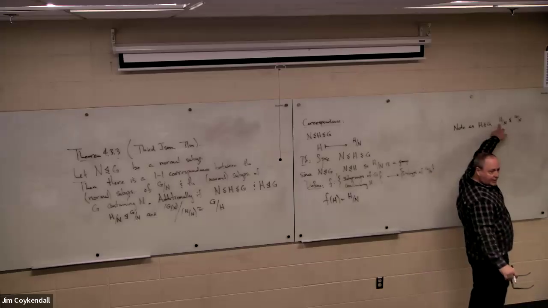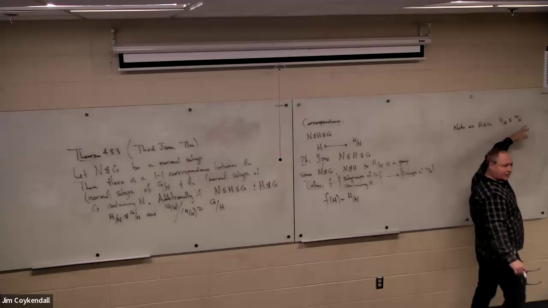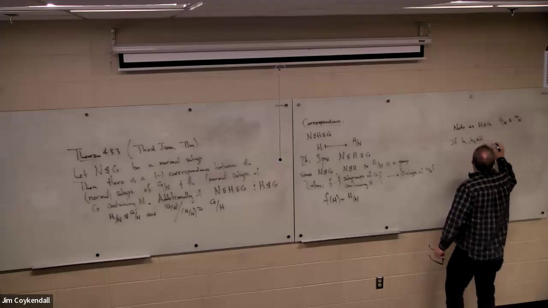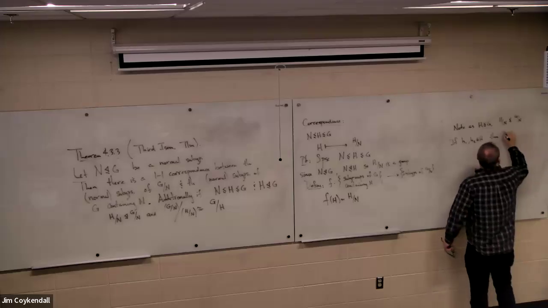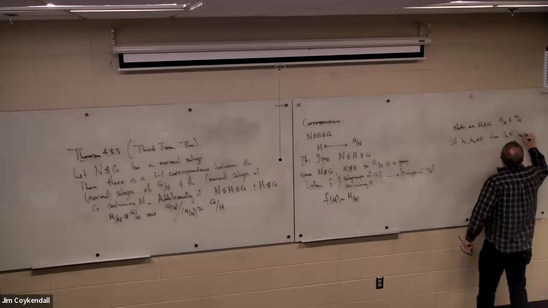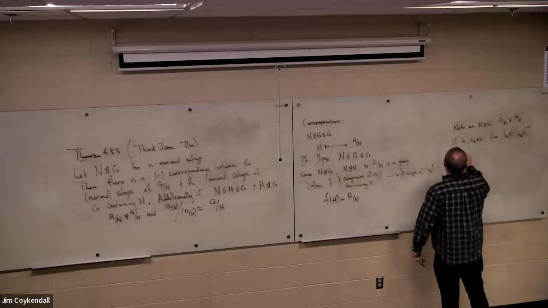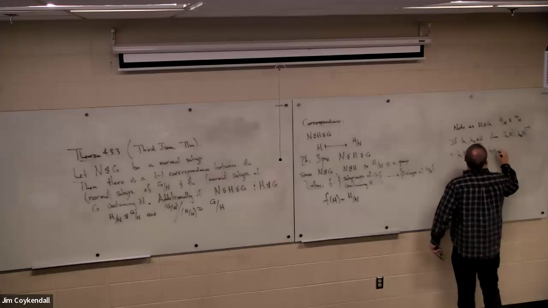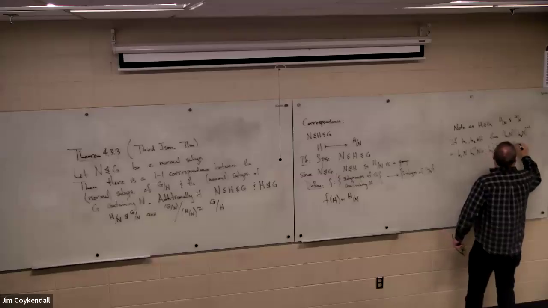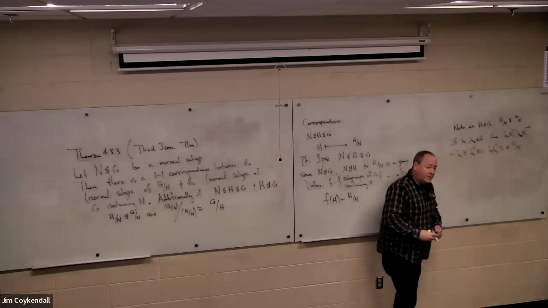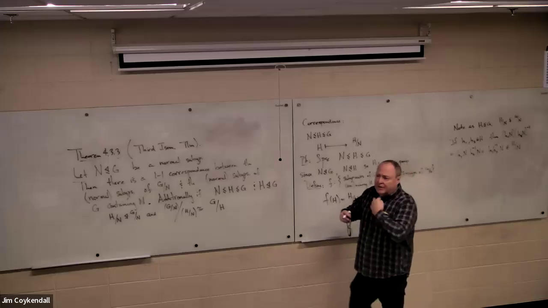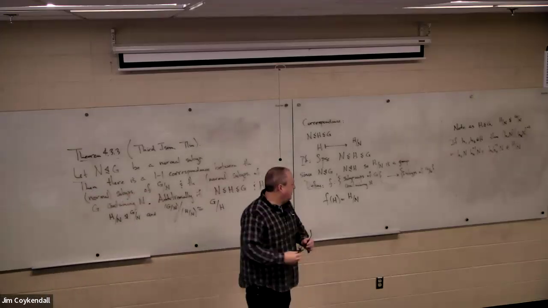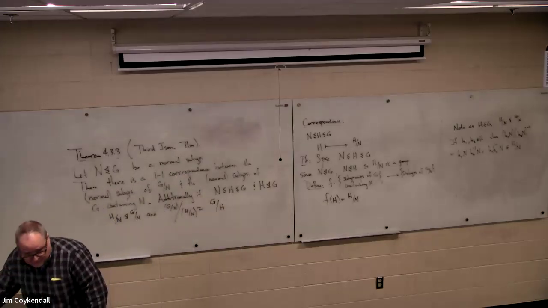Because this is just the cosets where I take the representatives from H, and this is the bigger set where I can take it perhaps from all of G. So notice that if H1 and H2 are in H, then H1N, H2N inverse equals H1N, H2 inverse N, which is H1, H2 inverse N, which is actually in H mod N. Because H is a subgroup, so H1, H2 inverse is a coset representative in H. So this correspondence does take a subgroup of G containing N to a subgroup of G mod N, as promised.